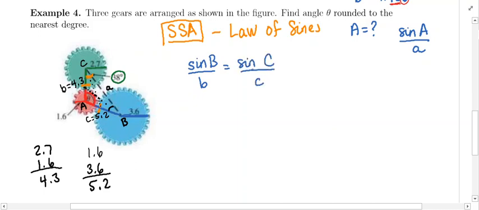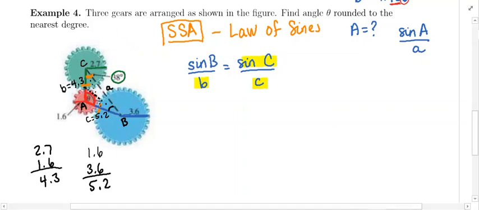When I look at this, this is going to work for me because I know angle C. Angle C is 38 degrees. So I've got this covered. I know side length C and I know side length B. This is going to allow me to solve for angle B, and then I can go from there.